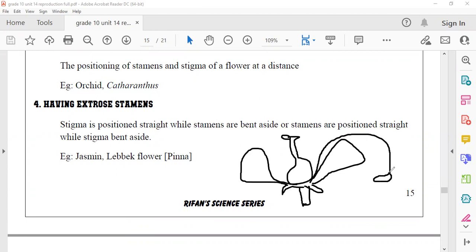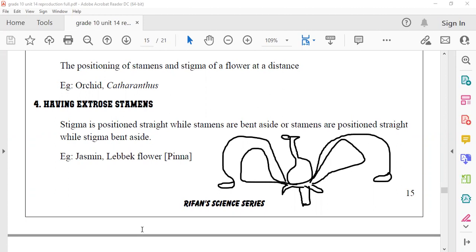Stamens will be hanging like this. They are called exserted stamens. This is also said to decrease the chance of self-pollination and increase the chance of cross-pollination. You need to draw diagrams.